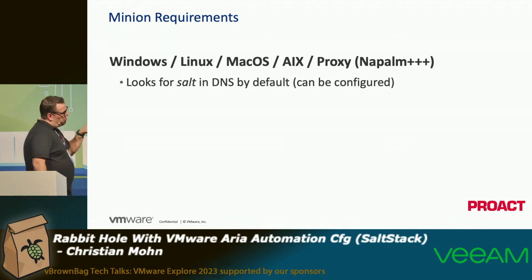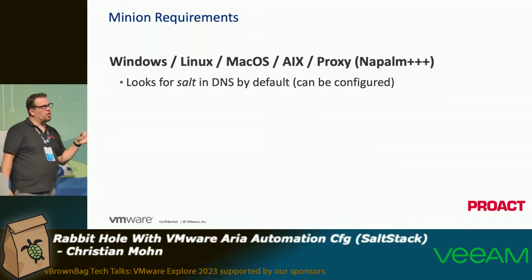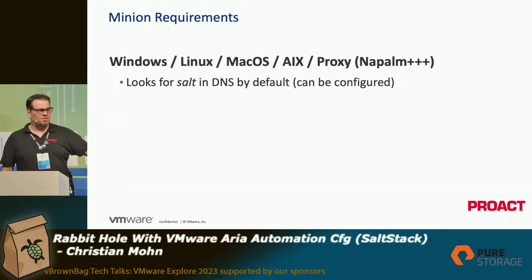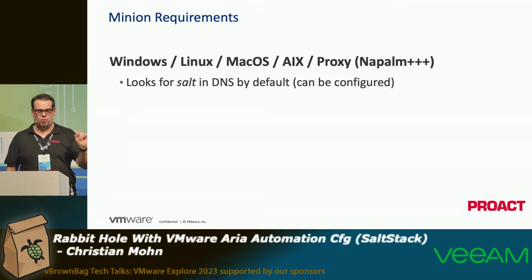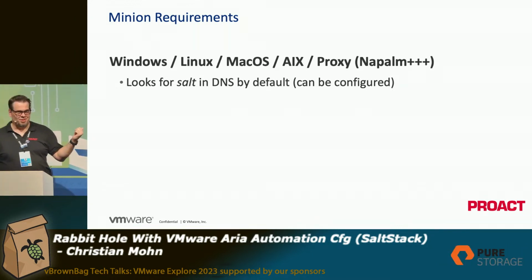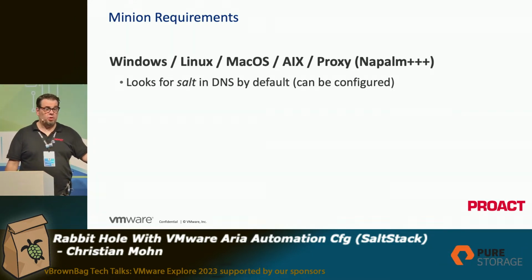So if you're security conscious, you might, I don't use Salt, you might want to create that DNS entry and make sure no one can change it. Because if someone stands up a Salt master in your environment and you have minions looking for it, they get root access to that machine the moment you actually accept it on the server, on the master. So that's something to be aware of, even if you don't run Salt.